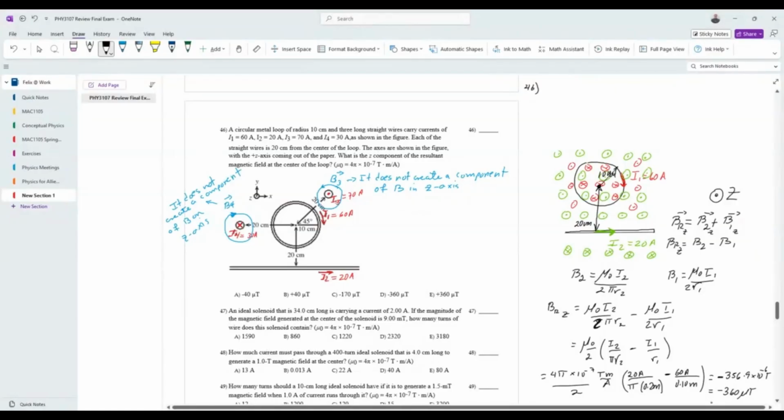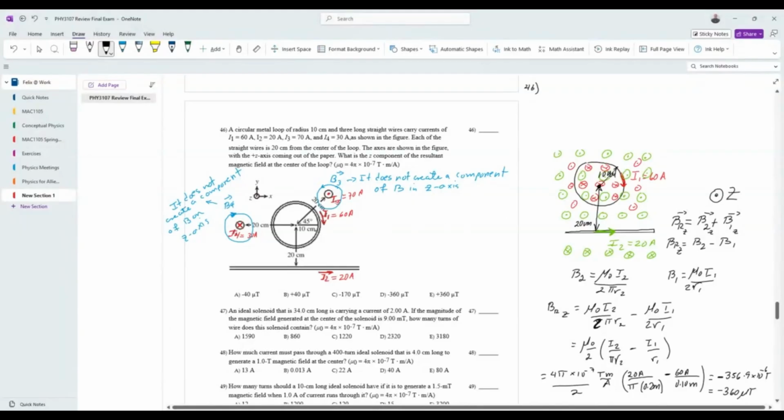The meaning of the negative sign here is, of course, that the field that enters into the plane, going against the direction of the z-axis, is larger than the field that goes in the direction of the z-axis. So that's why it's negative, because the resultant field points toward the plane. That's why we get a negative sign.